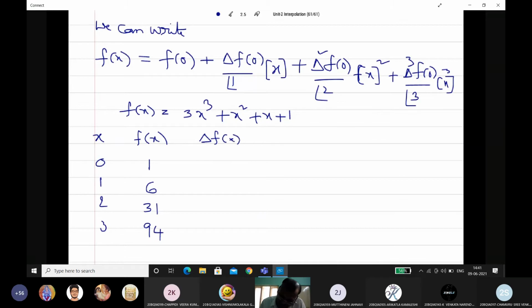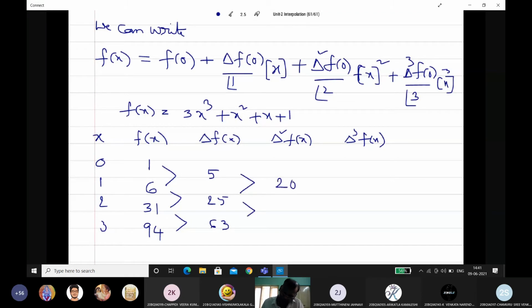Now we can find the first difference operator, del of f of x, del square of f of x, del cubed of f of x. This is equal to 6 minus 1, 5, 31 minus 6, 25, 94 minus 31, 63. And again 20, and again 63 minus 25, 38. And again this one, 18.